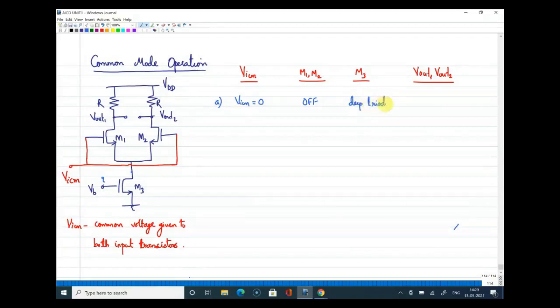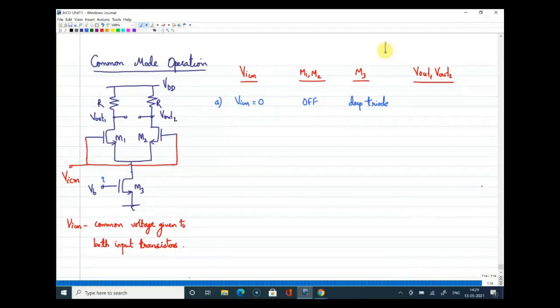So why did I say this is in deep triode region? When I say deep triode region, it can be equated to having 0 or in cutoff. But why I'm not writing it as a cutoff region is because we have provided a bias gate voltage. Gate voltage exists.